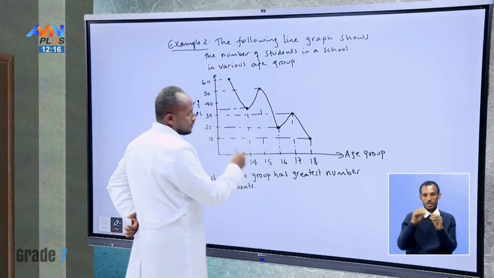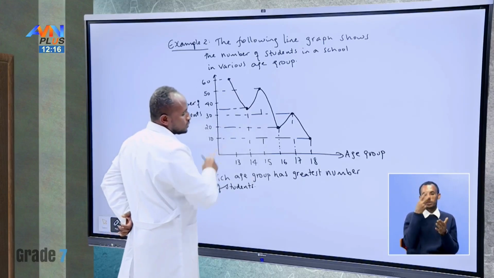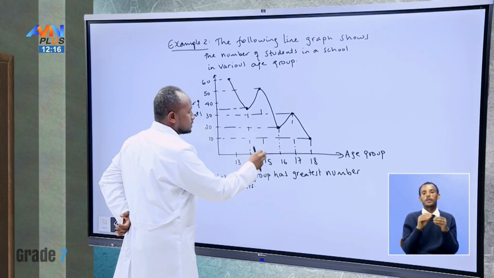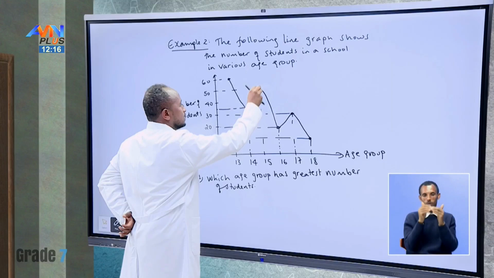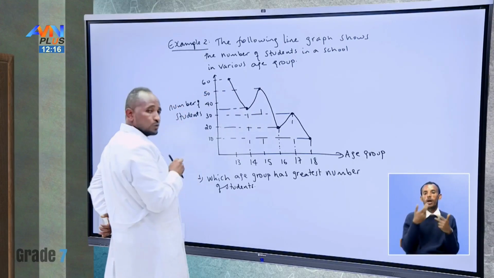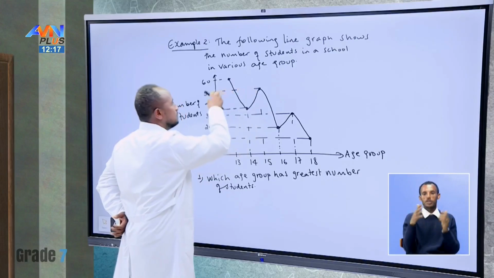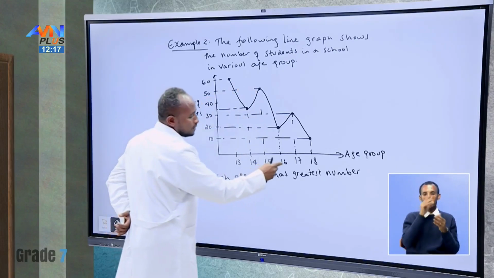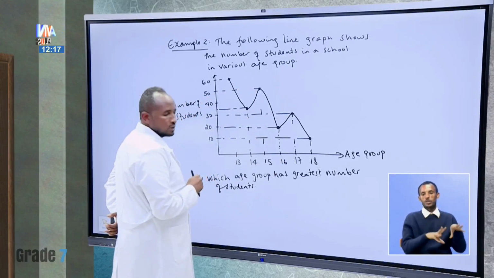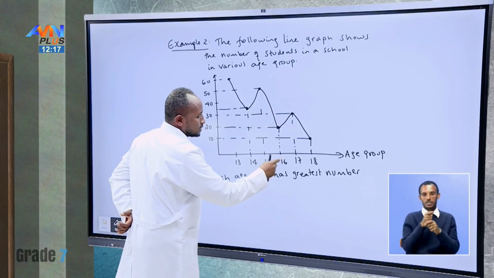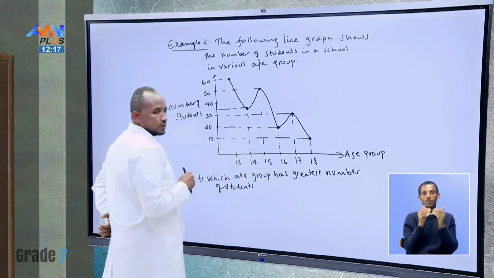And again, the number of students whose age is 15, simply move upward. So we have 50 students. The number of students whose age group is 15 is 50. Again here, the number of students whose age group is 16 is 20.